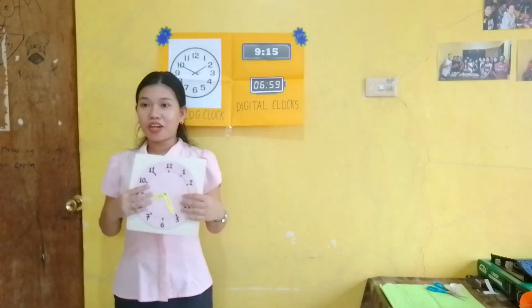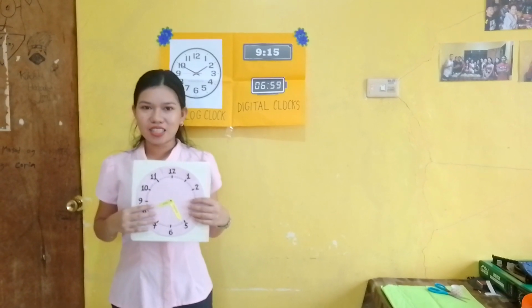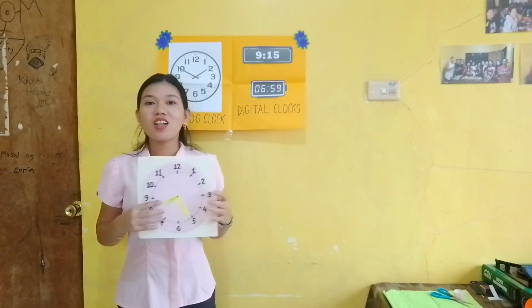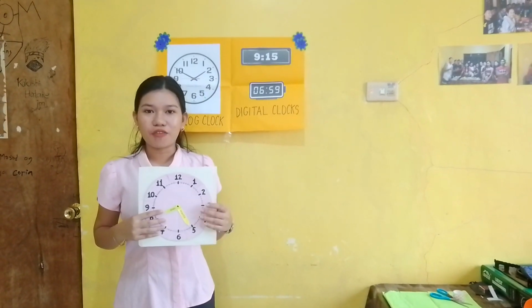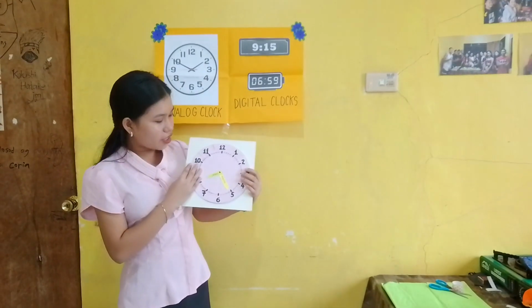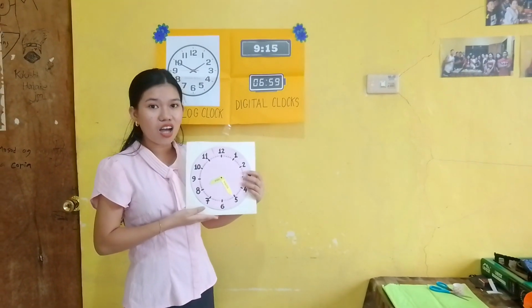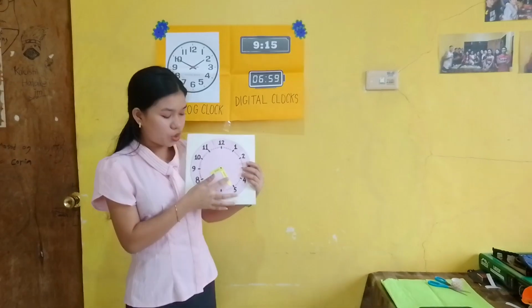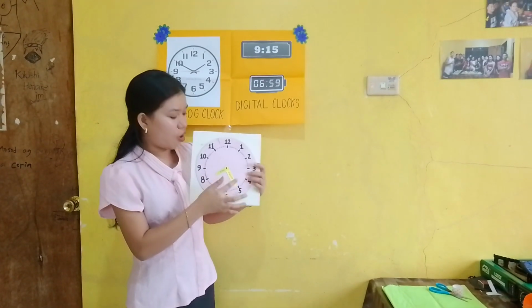Here, I have an improvised analog clock for you to understand the long hand and the short hand of the clock. The clock has a face and the hands, namely the short hand and the long hand.